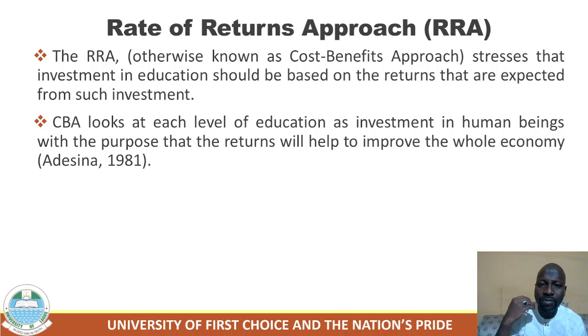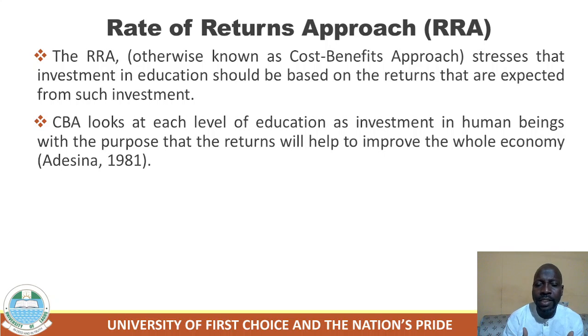So, it is the approach that takes a look at the cost of education and the benefits of education. The present cost of education, and the future benefits of education. So it therefore emphasizes that investment in education should be based on the returns that are expected from such investment.